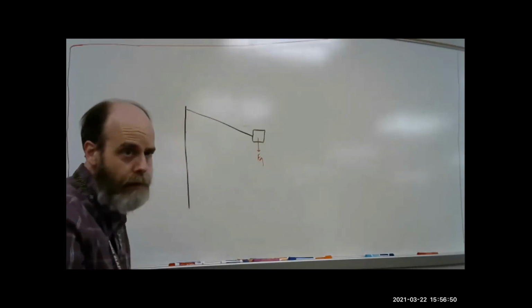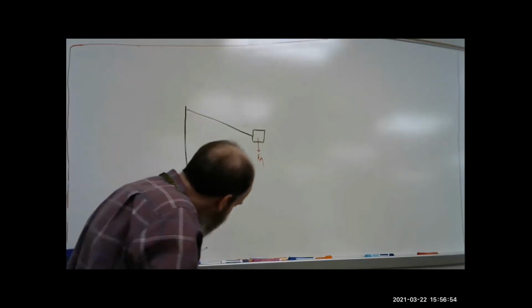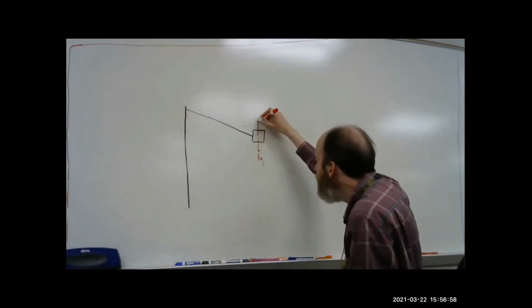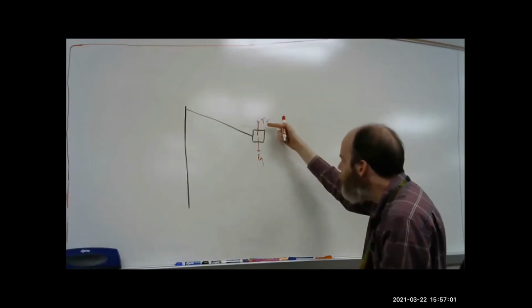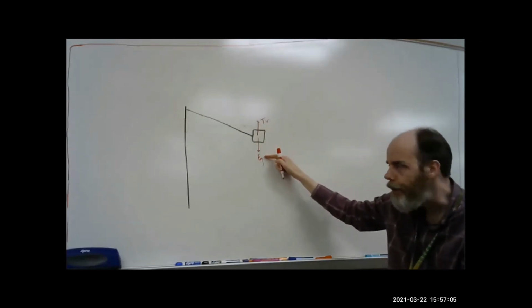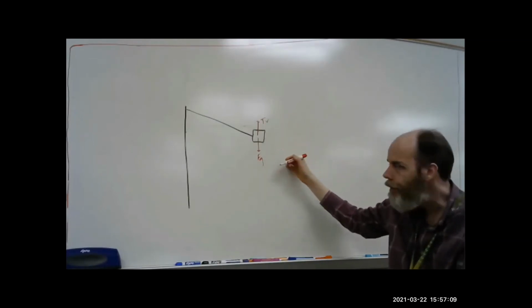It's at an angle. And now we have a component of the tension in the vertical direction. The vertical tension and the force of gravity have the same magnitude, but opposite directions. So the net force in the vertical direction is 0.